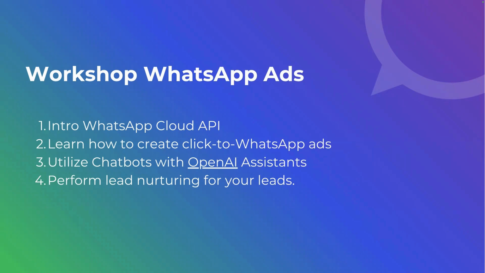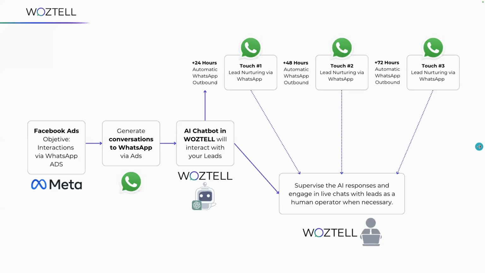The sales assistant will be an OpenAI-powered chatbot. So basically ChatGPT is selling for you. The fourth part is how you can do lead nurturing when they come in through the WhatsApp ads. Combining both the OpenAI chatbot and lead nurturing should increase your conversion directly from WhatsApp ads.